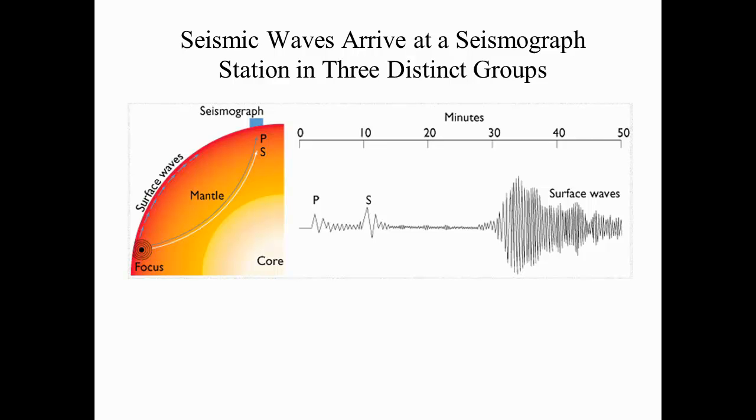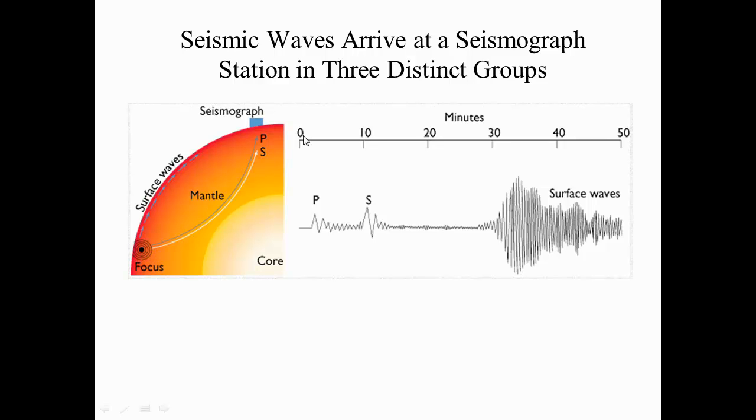But ultimately, these three distinct groups will arrive at a seismograph station located at some distance from the focus. But if you look closely, we notice that the three groups are traveling at different velocities and will arrive at that seismograph station at different times.